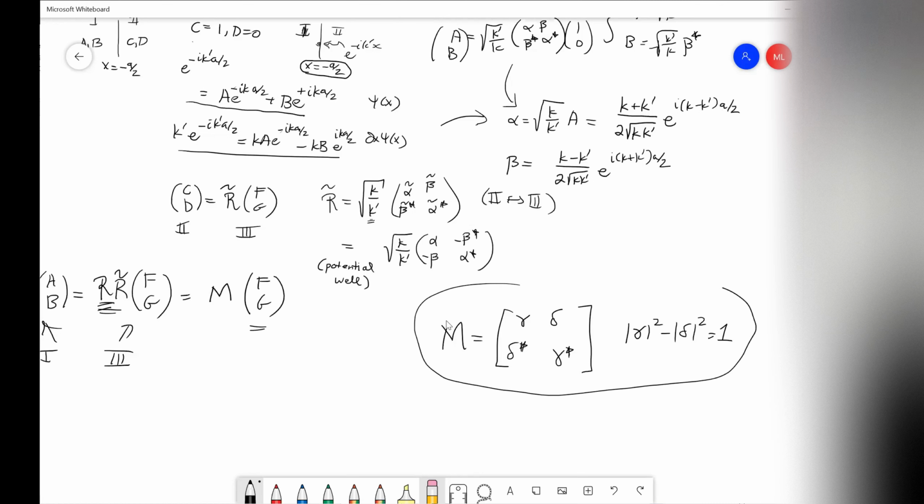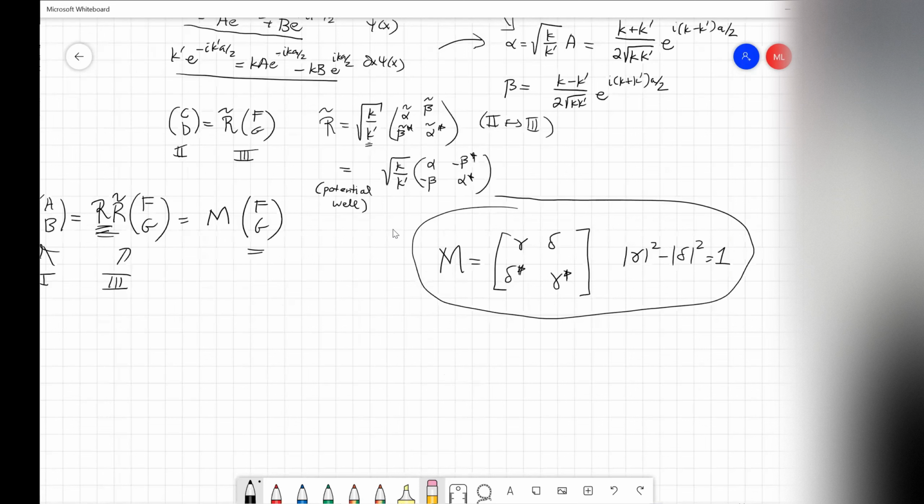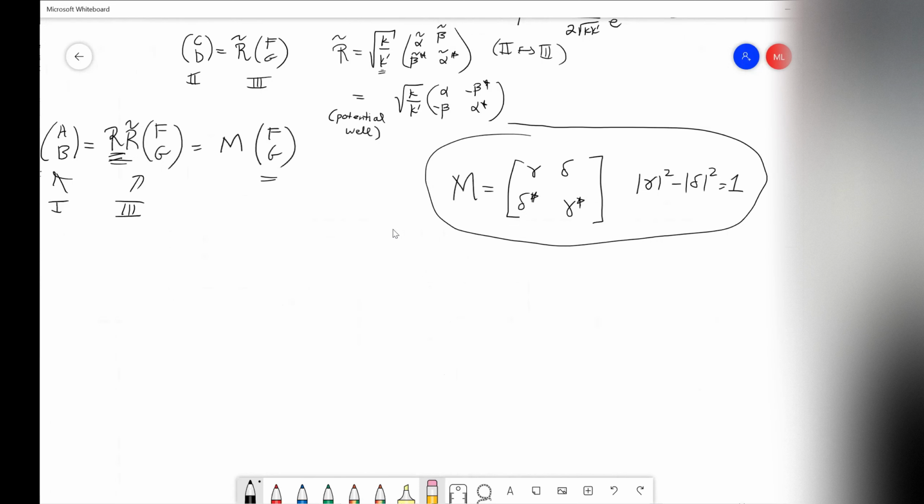So you see, we reduced the whole scattering problem to determining just 2 complex numbers, this gamma and this delta. That's interesting and impressive, that we took this very complicated problem and reduced it to just the determination of 2 complex numbers.